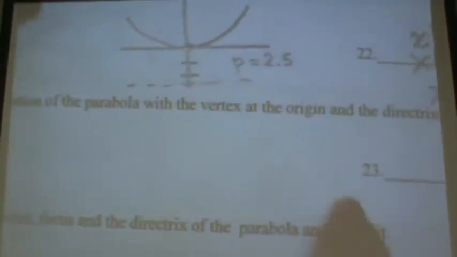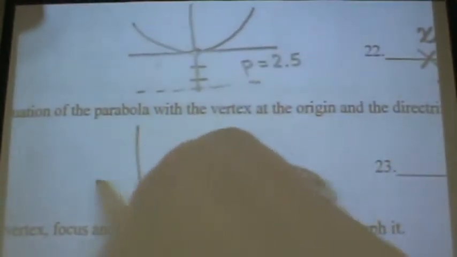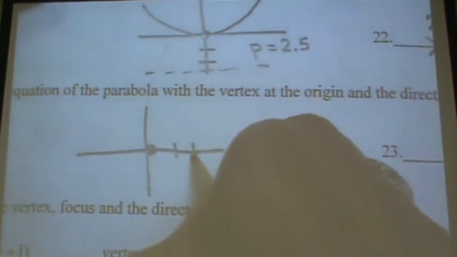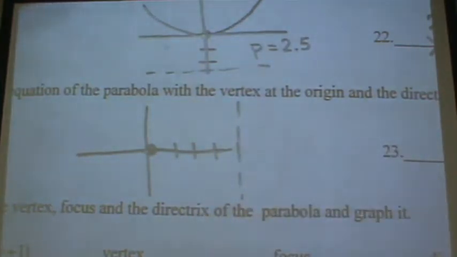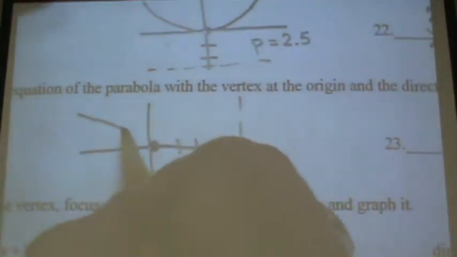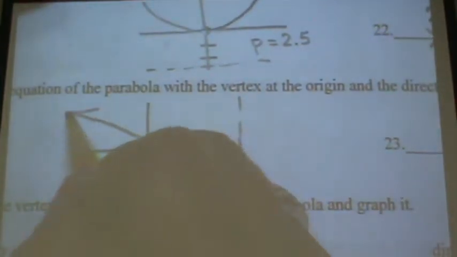Next one, 23. What's the equation of the parabola with the vertex at the origin and the directrix x equals 4? Let's draw that. Vertex is at the origin, and if the directrix is the line x equals 4, it has to look like this, right?